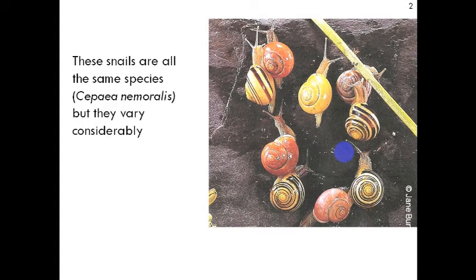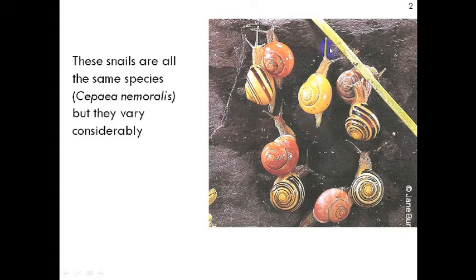These snails are all the same species, Cepaea nemoralis, but they vary considerably. You can see some of them have stripes on the shell, some have no stripes, and the colors are also different.